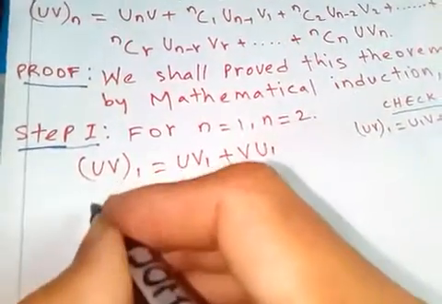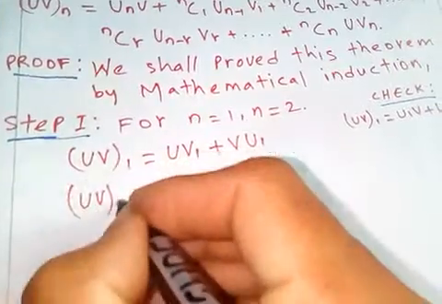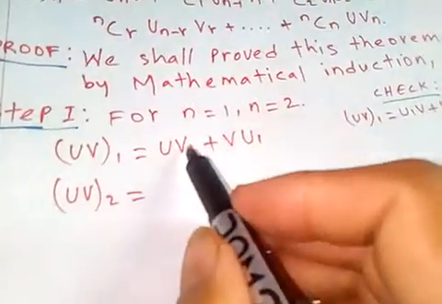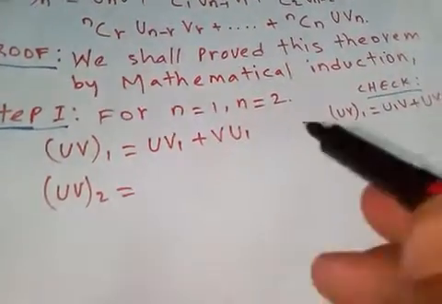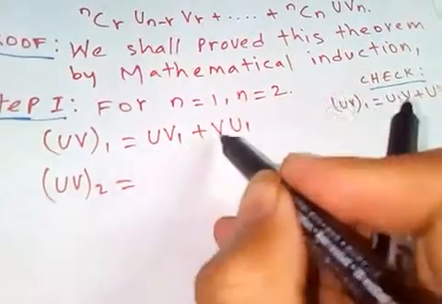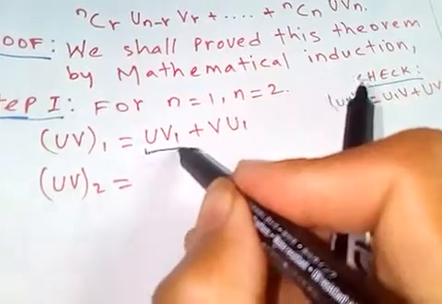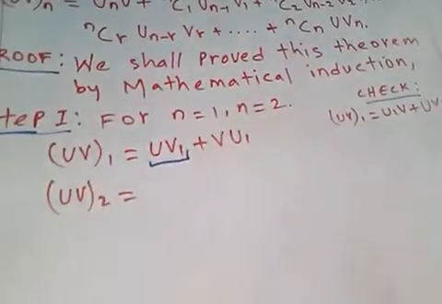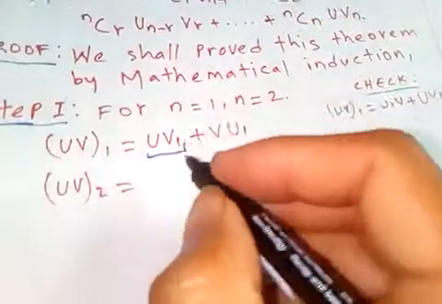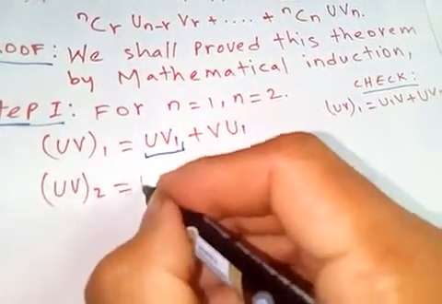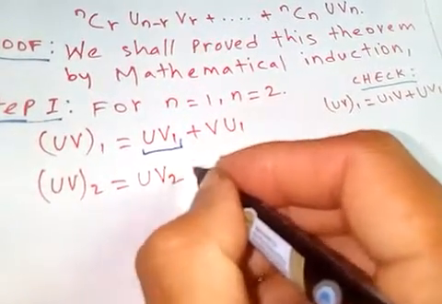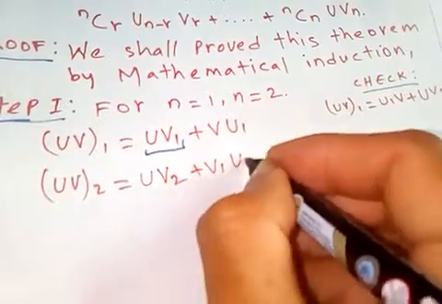For n equal to 2, let's check. That means we are going to take the derivative of this one more time. From this we have two functions again. Taking the derivative, first function times the derivative of the second function plus second function times the derivative of the first function.